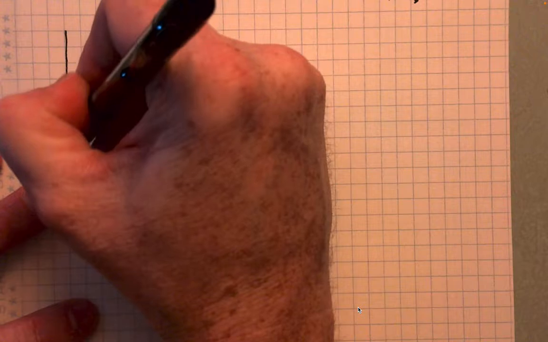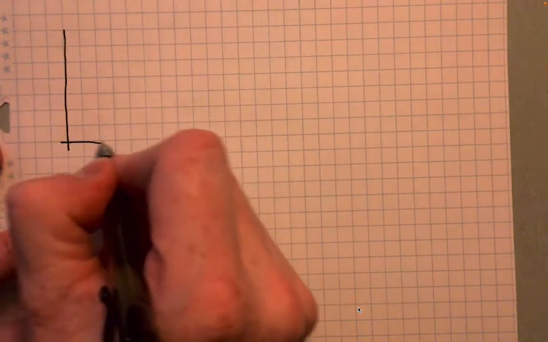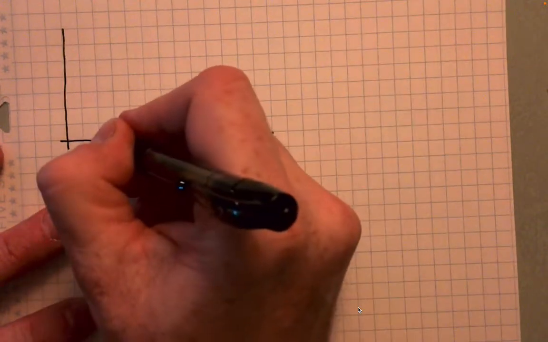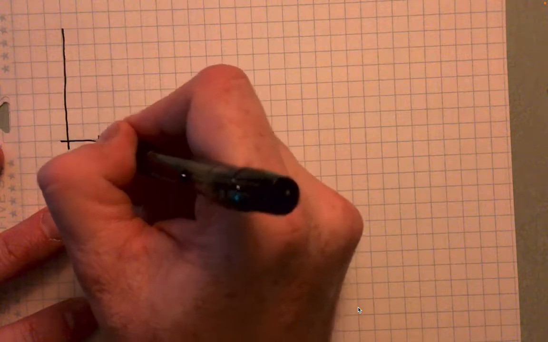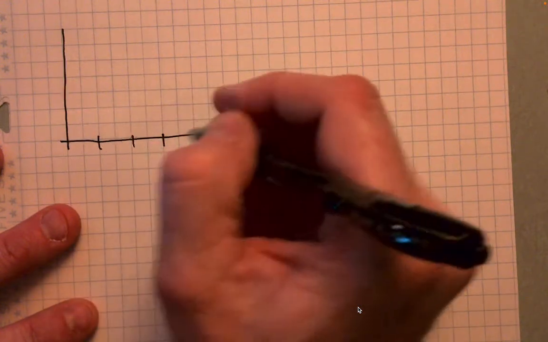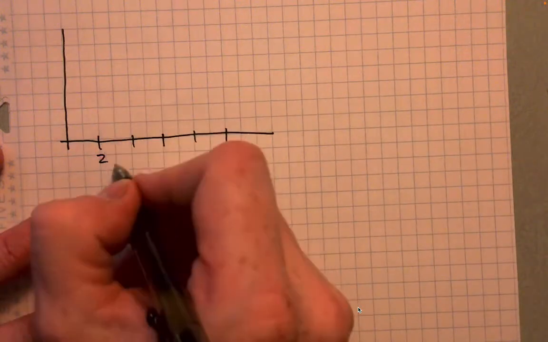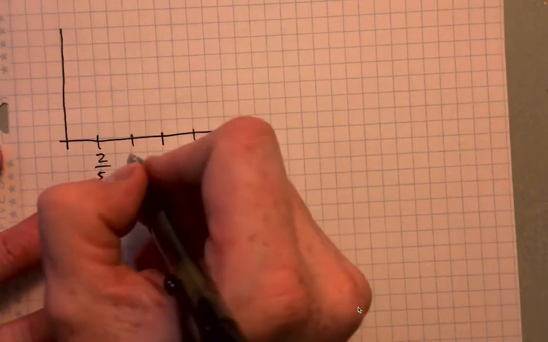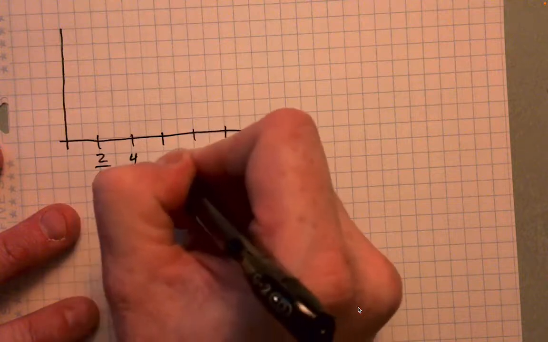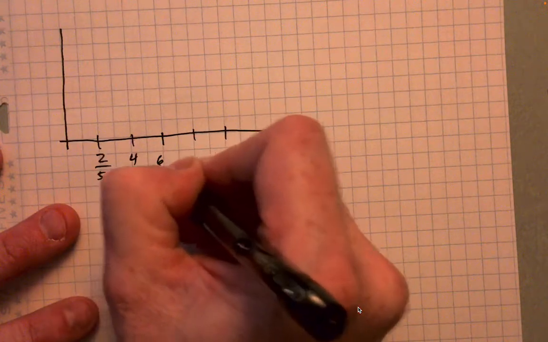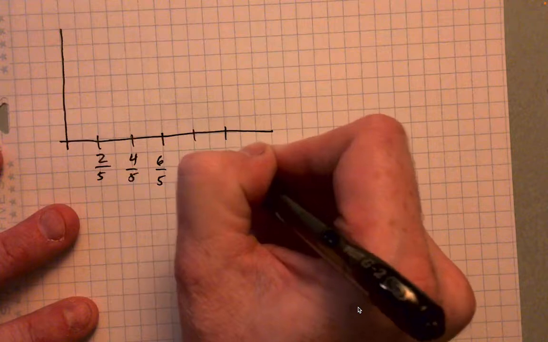Let's draw another picture here. I want it to be kind of similar. So we're going to have 1, 2, 3, 4, 5. I'm going to put some numbers on here: 2/5, 4/5, 6/5, 8/5, 10/5.